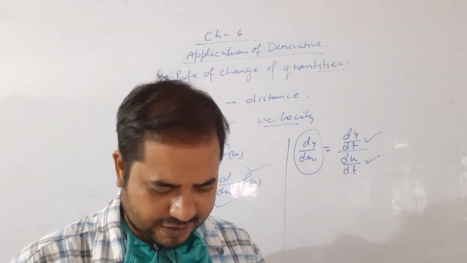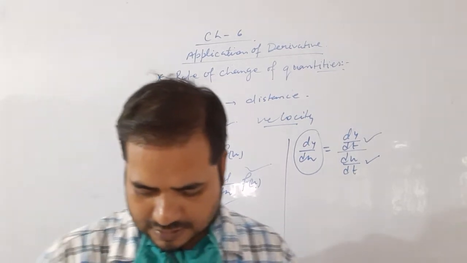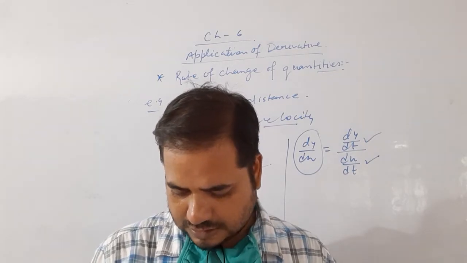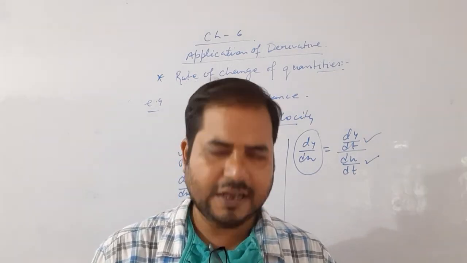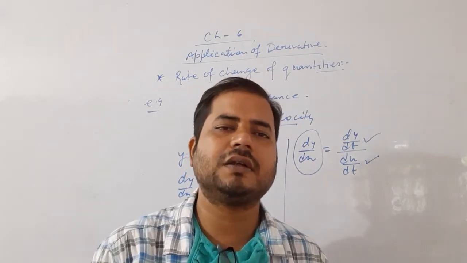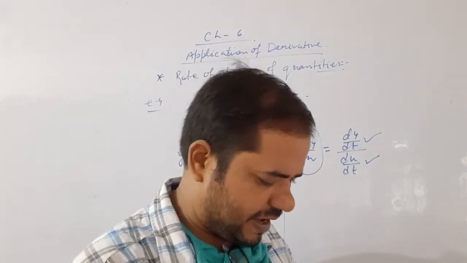At the instant when the radius of the circular wave is 7.5 centimeter, how fast is the enclosed area increasing? That means we have to find the rate of change of area.